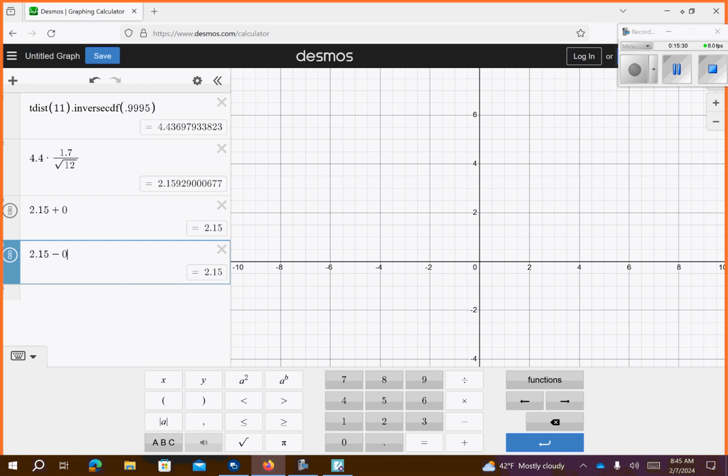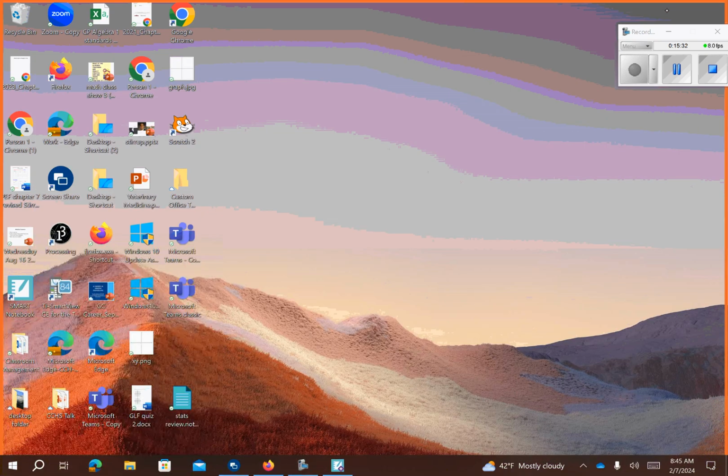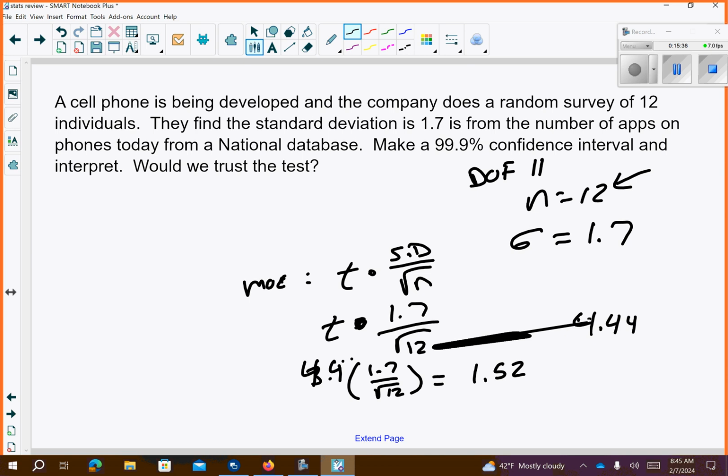So my point on the 99.9 is, would we trust this set? Would we trust the 99.9%? What do you think? Well, it would depend.